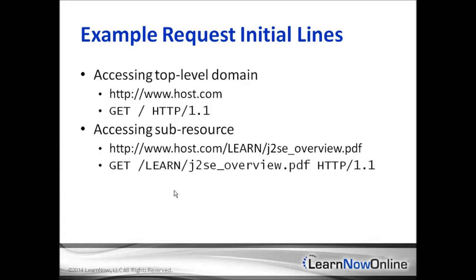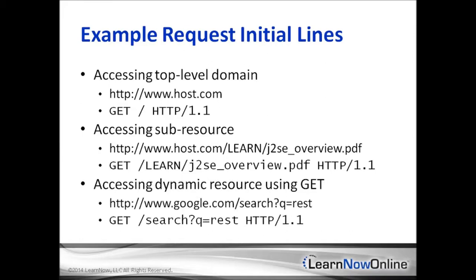So if I'm looking at host.com, that URL, then it would look like this: get, URL accessing, and then the HTTP protocol that's actually being used. If I'm looking for dynamic resources, then a query string is going to be involved in it. Something like Google doing a search request and passing a query string in, specifying also HTTP version. So that gives you an idea on what the standard request initial lines look like.